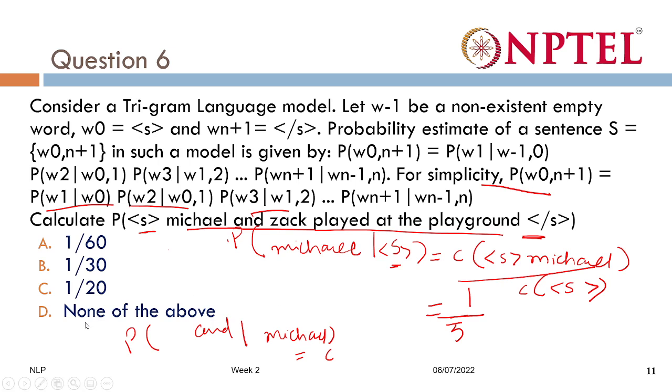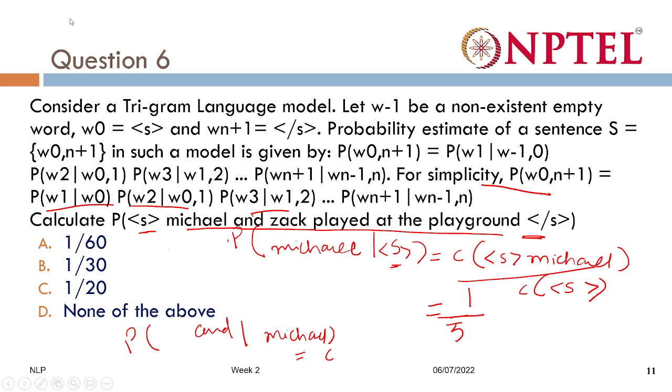No. You just refer to this formula here and then you try to answer. Please see this formula here. For simplicity, the probability of a word given the previous words is equal to this. So what we can write here is the probability of and given Michael.